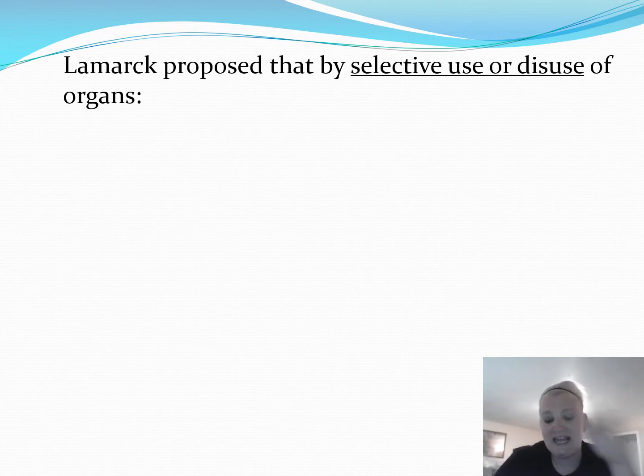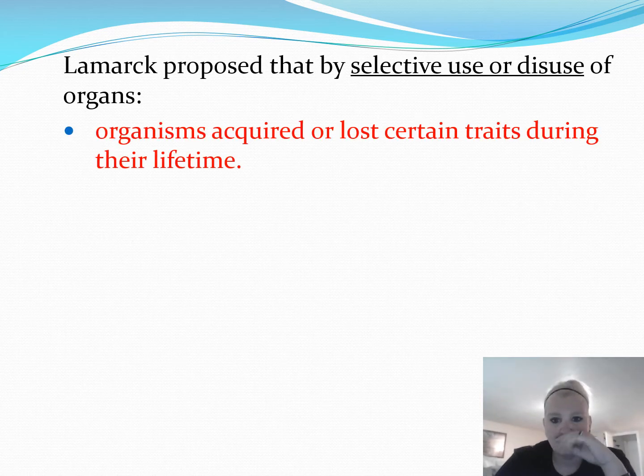So it always had to do with organs or body parts with him, which was a little weird. And he thought that these things, what makes it really bad, is it would happen in your lifetime. So imagine when my kids were little, you're watching them trying to figure out, are you right-handed or are you left-handed?